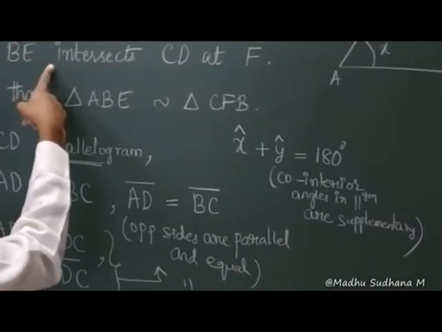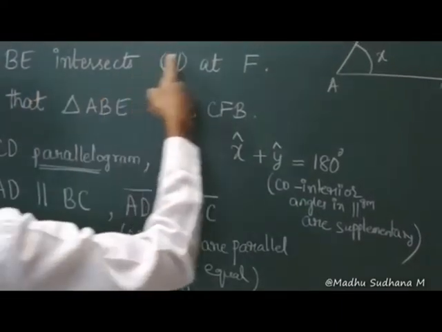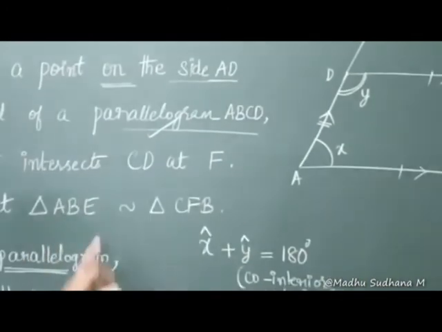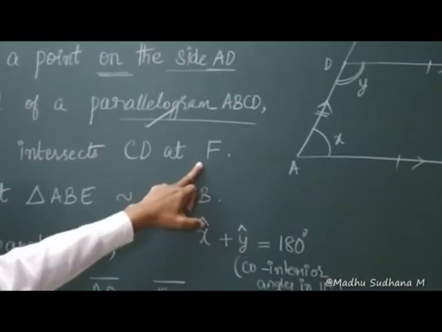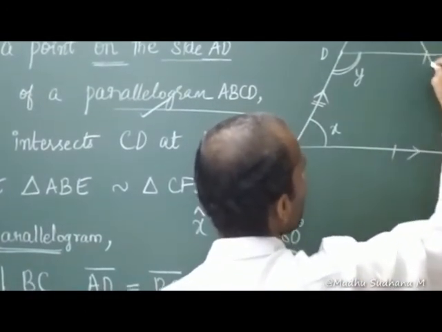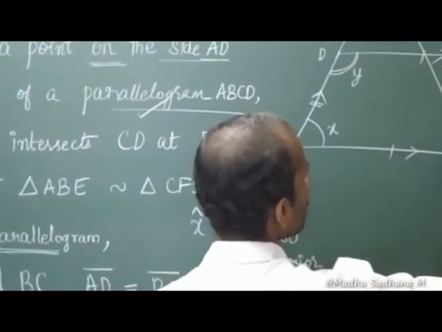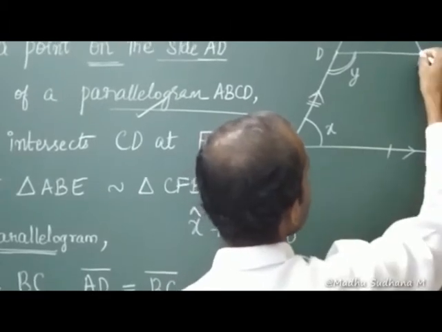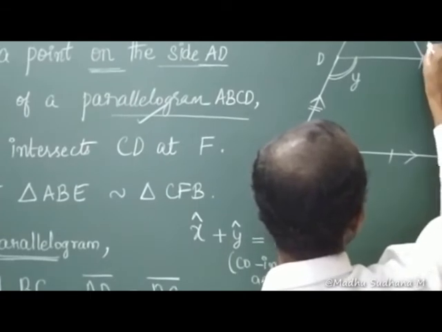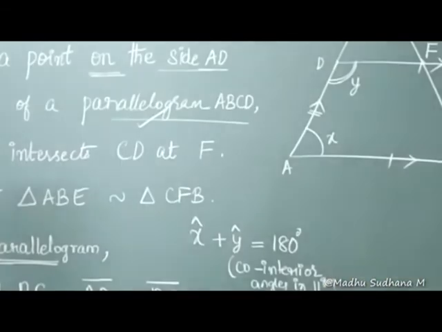And BE intersects CD at F. So now if I join this, followed it, this is one intersecting point and that is called F here. So let me write, this is F. Followed it, children.